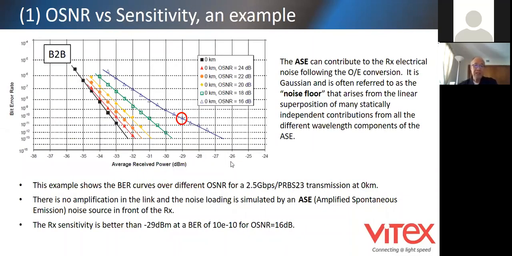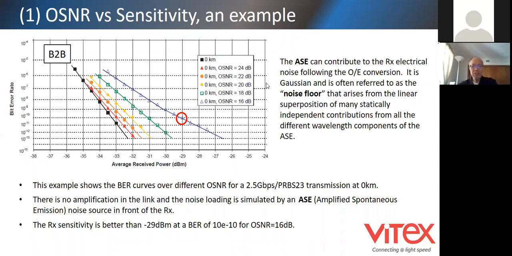So the following curve shows you how to plot the OSNR with the sensitivity and the bit error rate. This chart shows the bit error rate curve over different OSNR. You can see there are different OSNR levels here by different curves. This data rate is 2.5 gigabits per second, PRBS 2^23. This chart has no fiber, and the next one will have fiber.